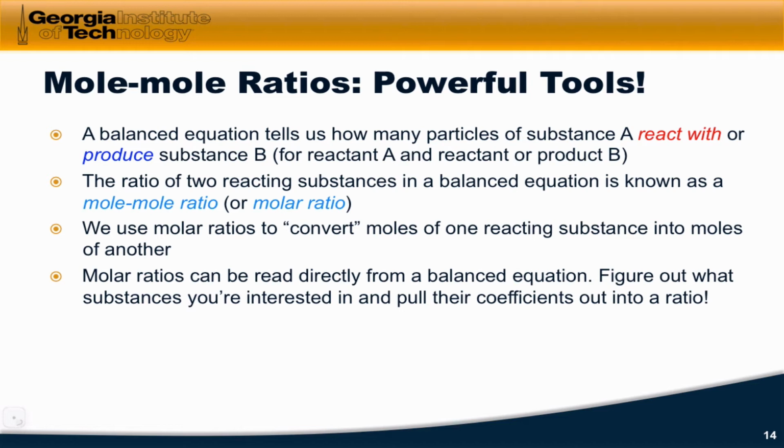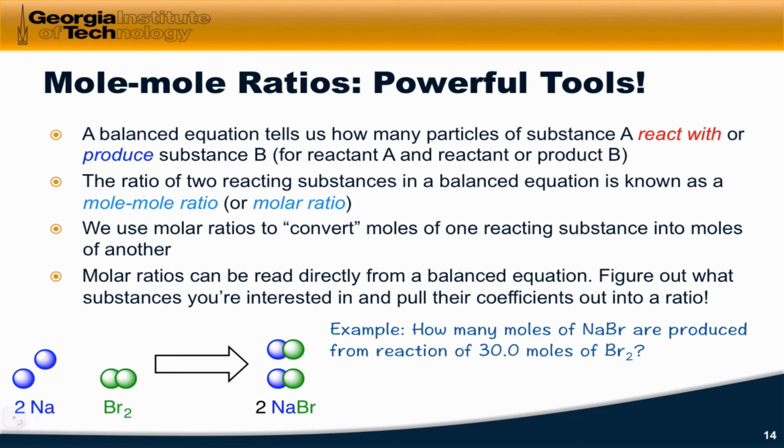And at the bottom of the ratio, you'll put the moles of substance that you want to cancel out. So you may know the moles of a target product that you want to produce, and you want to know the moles of a reactant that you need to produce that amount of product. You would put the reactant on the top of that ratio and the product on the bottom.